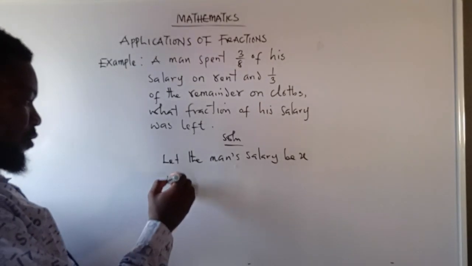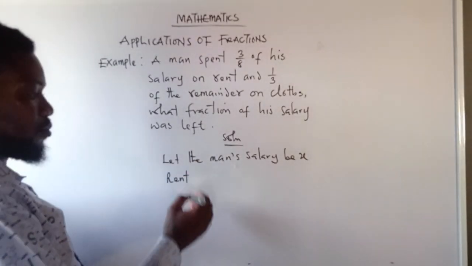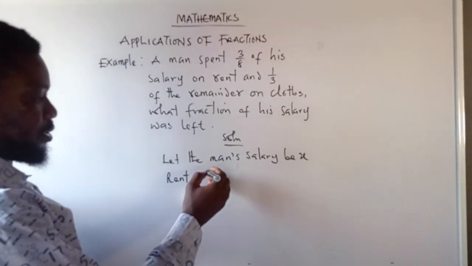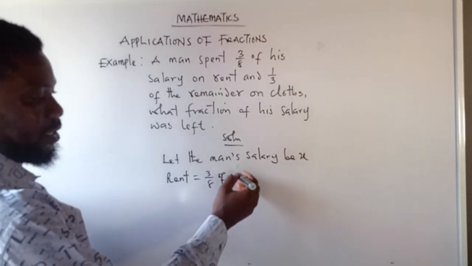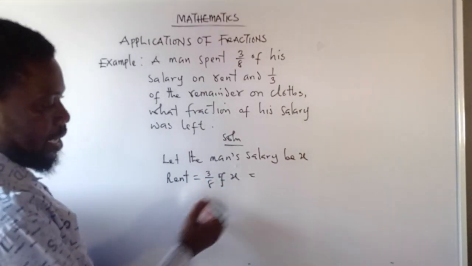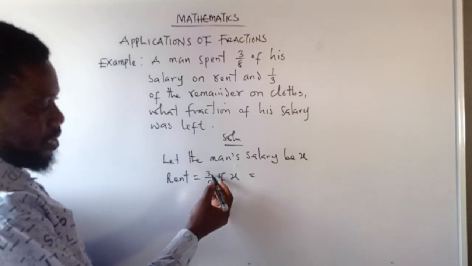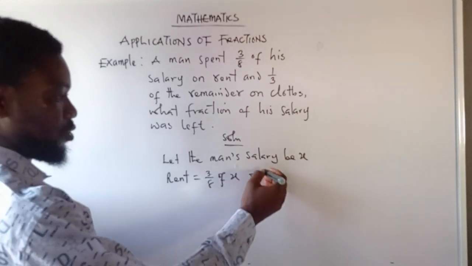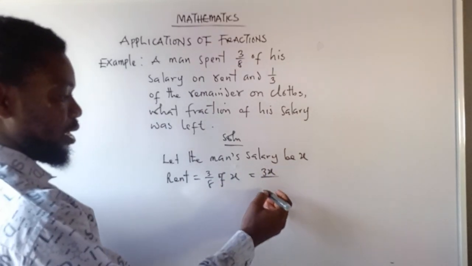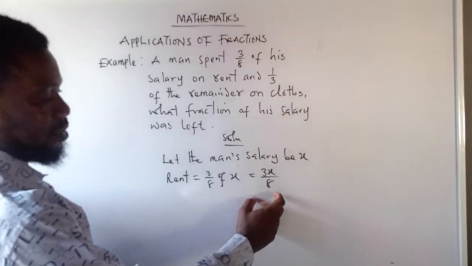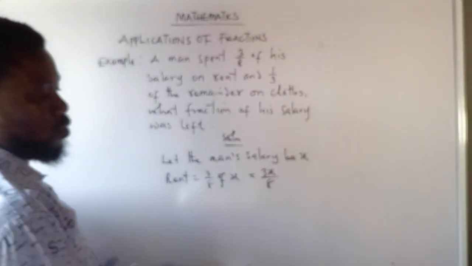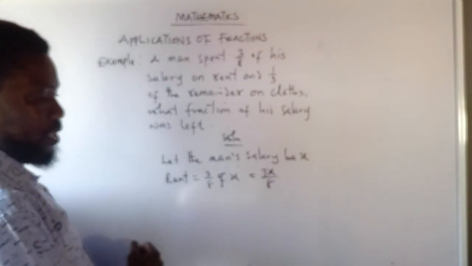So for rent, the man spent 3 over 8 of his salary, which is X. If you multiply here, 3 times X will give us 3X over 8. So 3 over 8 of X is what is spent on rent.